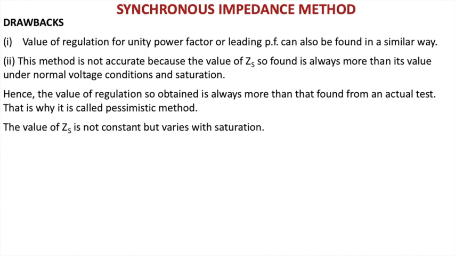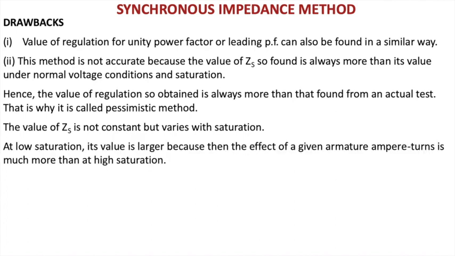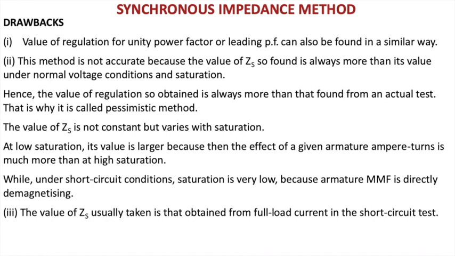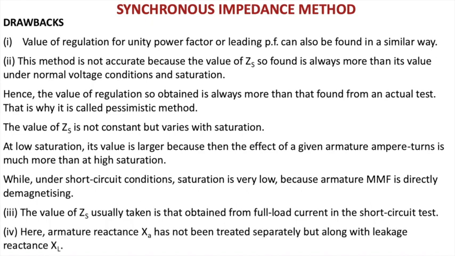The value of ZS is not constant, but varies with the saturation condition of the cores. At low saturation levels its value is larger, because the effect of a given armature ampere turns is much more than at high saturation. Under short circuit conditions, saturation is very low because armature MMF is directly demagnetizing. Plus, the value of ZS usually taken is that obtained from the full load current in the short circuit test.